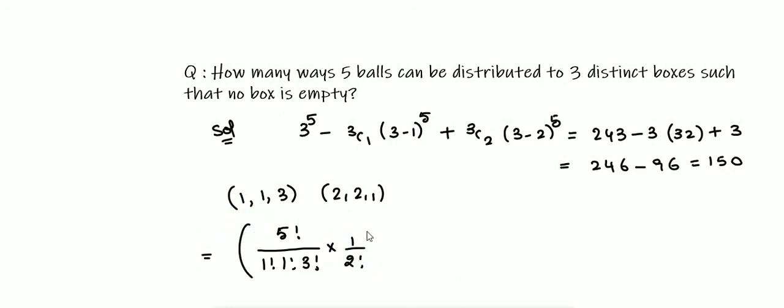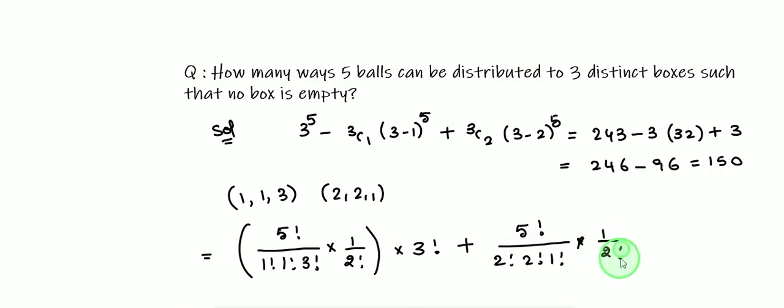Now coming to the second case, 5 factorial by 2 factorial, 2 factorial, 1 factorial. Again there are 2 groups which have an equal number of elements, so that is 1 by 2 factorial. Again we distribute these groups into the 3 distinct boxes, so that is arrangement into the 3 boxes, 3 factorial.